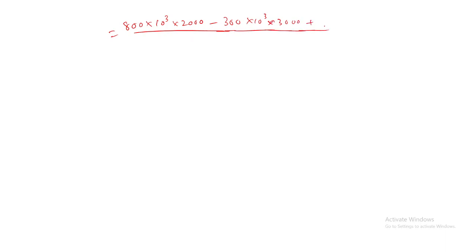And it is positive for section BA, and it is 600 into 10 to the power of 3 into 2000, divided by G. G is 35 gigapascal, so 35 into 10 to the power of 3 megapascal into 25.13 into 10 to the power of 4. On solving this, what are you getting?